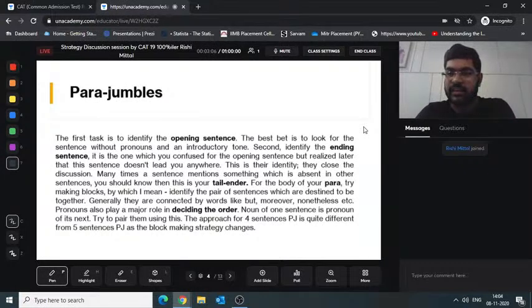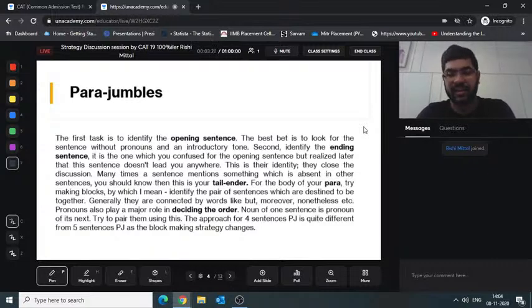So this is their identity per se, and they close the discussion, the ending sentences, if I must say. Many times the sentence mentions something which is absent in the other sentences. So you should also look for that hint and identify it as a tail ender.